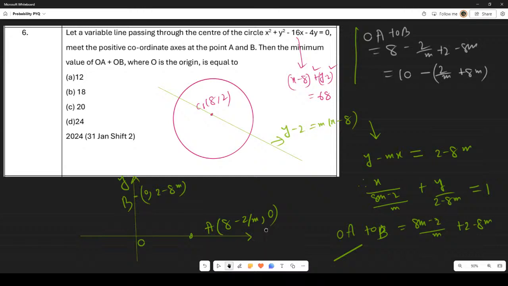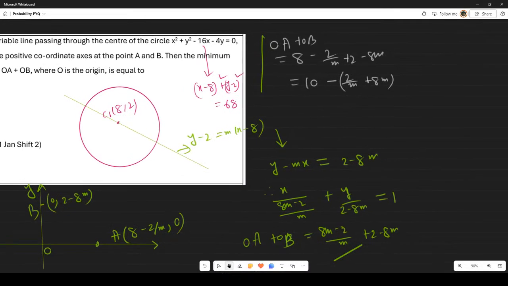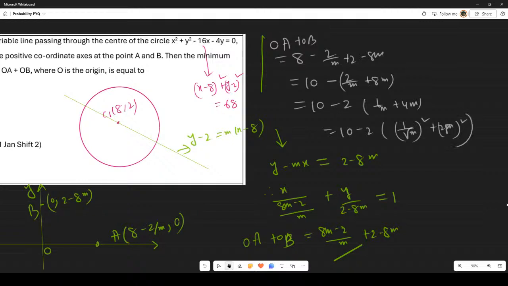If you don't use calculus, then you try this manner. For minimum value I am going to write, take 2 common, 1 by m plus 4m. Just see my calculation. 1 by root m whole square, 2 root m whole square. Agree or not?